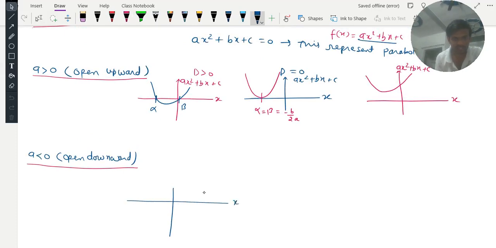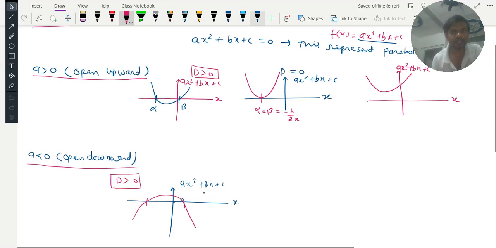This is the x-axis, and this axis represents ax square plus bx plus c, and this is O. If a is less than 0, it means the parabola will open downward. The parabola will look like this, and if this parabola is intersecting the x-axis at two different points, this represents D greater than 0. It means the roots will be real and unequal.